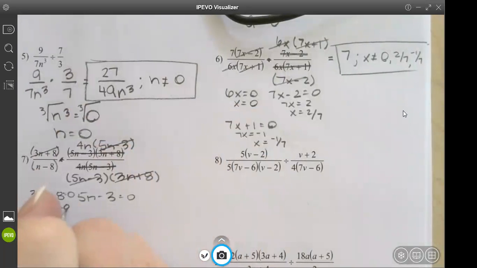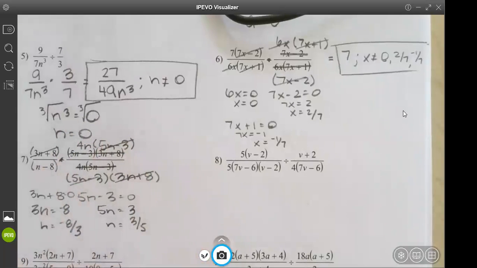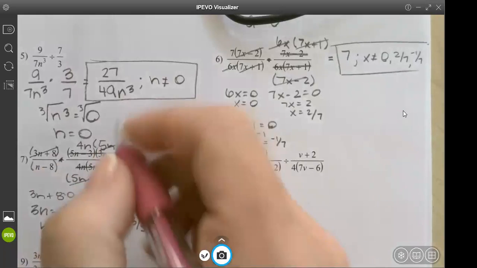We're going to subtract 8 and divide by 3. On the other one, we're going to add 3 and divide by 5. So we get holes at -8/3 and 3/5. There is absolutely nothing else that I can mark out.